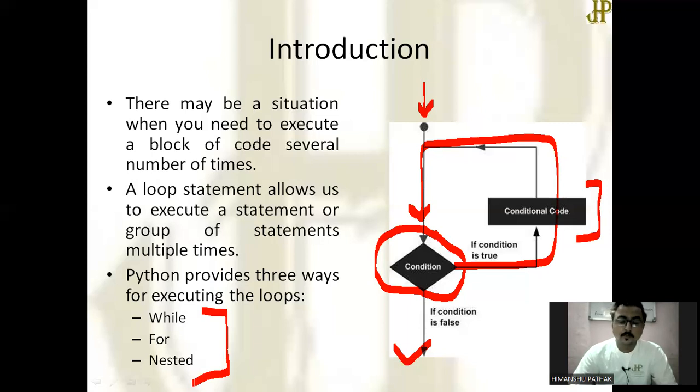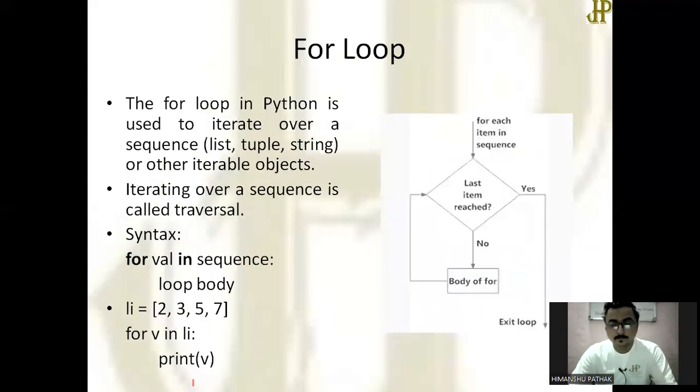Now let's start with the for loop. There is some difference between the for loop in other languages and in Python. The for loop in Python is used to iterate over a sequence. This is to be remembered. Whenever there is a for loop, there should be an iterable sequence.